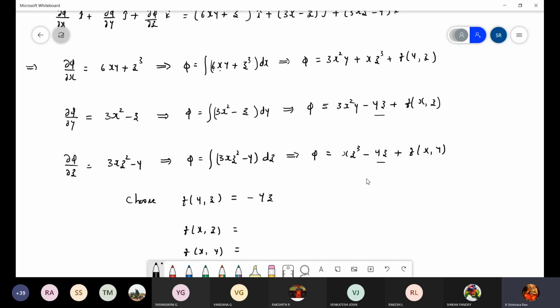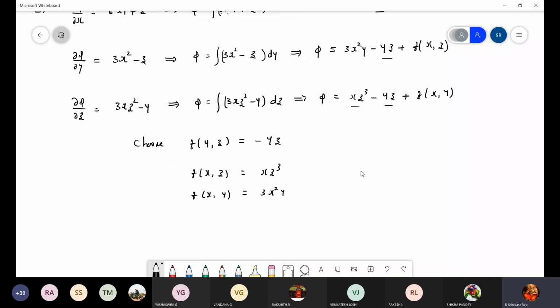X comma z: xz cube is available in the first equation and third equation. And the third one, x comma y: 3x square y.